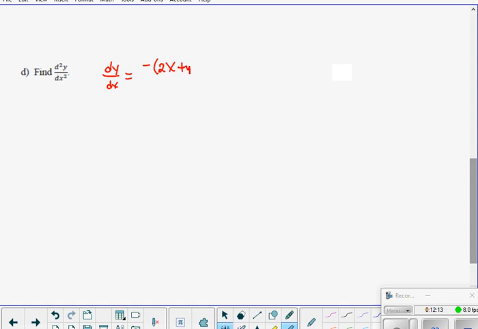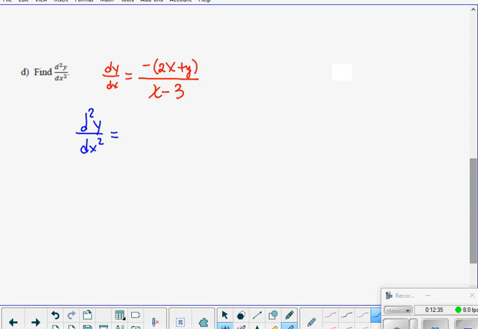By giving you the first derivative, they've assured you that you can proceed with problem D and get the right answer. So let's get a second derivative. This is quotient rule, isn't it? Second derivative. Know your nomenclature.